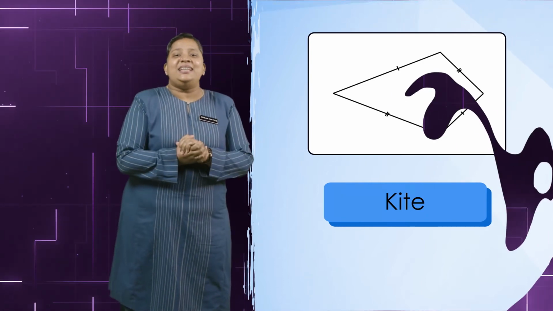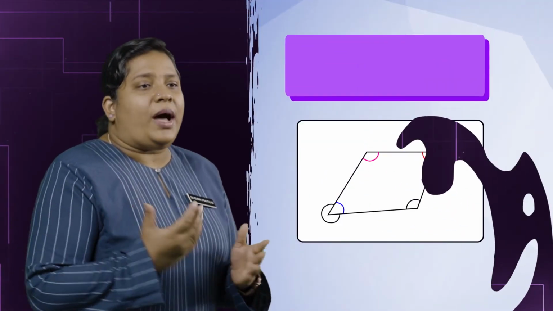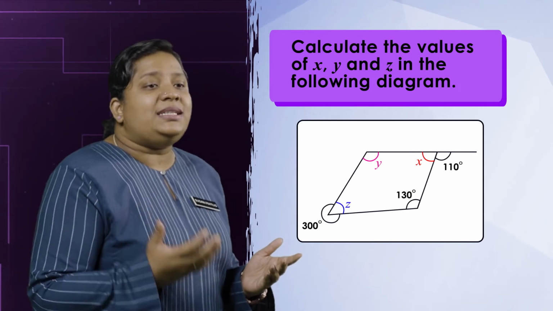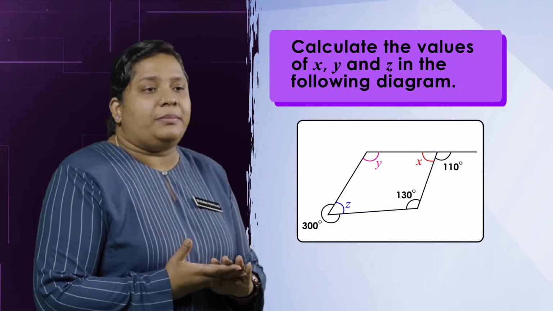Now, let's look at the next practice. In this practice, we will look at how we can solve problems involving quadrilaterals. Without wasting any more time, let's take out a piece of paper, a pen and a calculator. Question 1. Calculate the values of x, y and z in the following diagram.